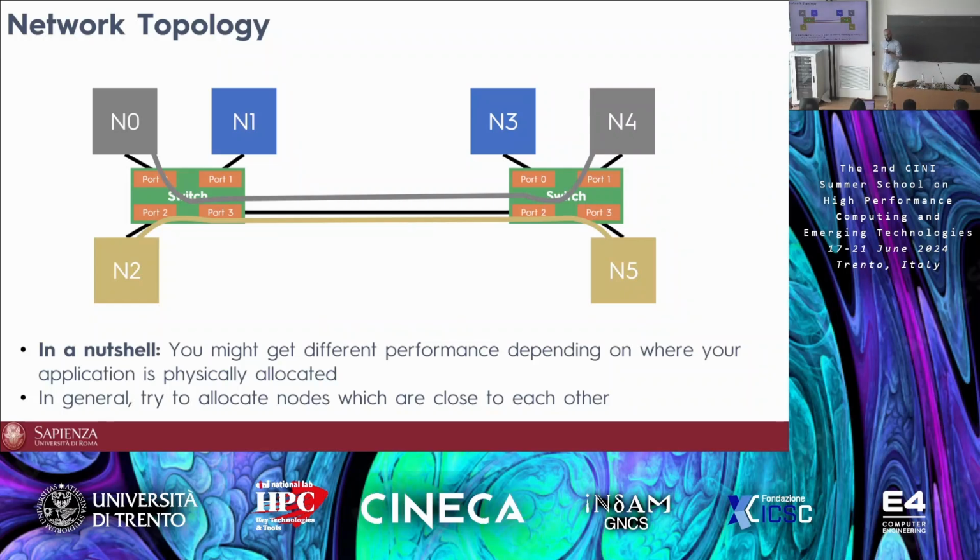Yeah, exactly. So this is the case. This is not the case for Leonardo, as far as I know, but in some systems each node has multiple network interface cards, and those interfaces are connected to different switches. So that's called multi-rail. Okay, it's also a way to have redundancy.